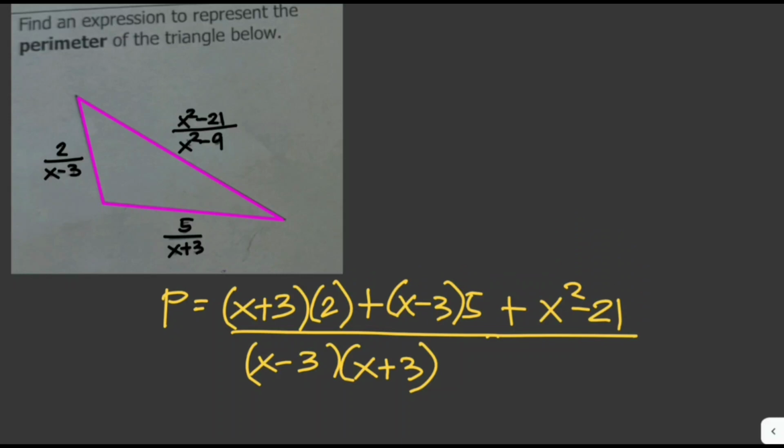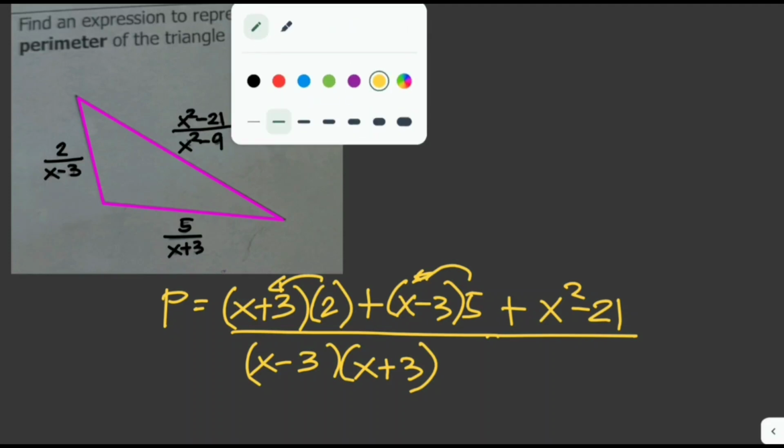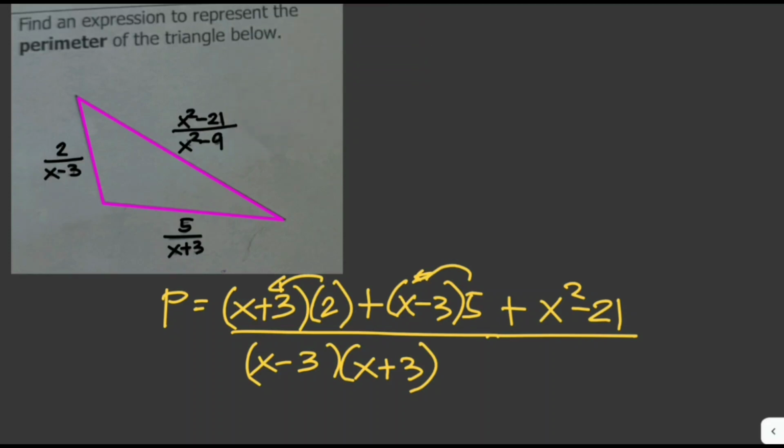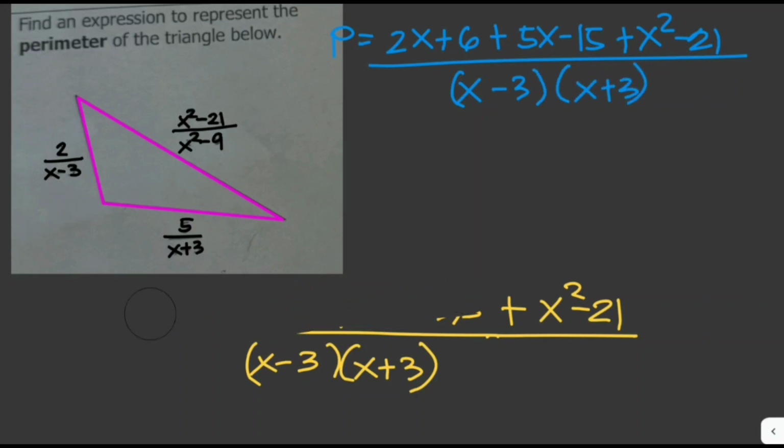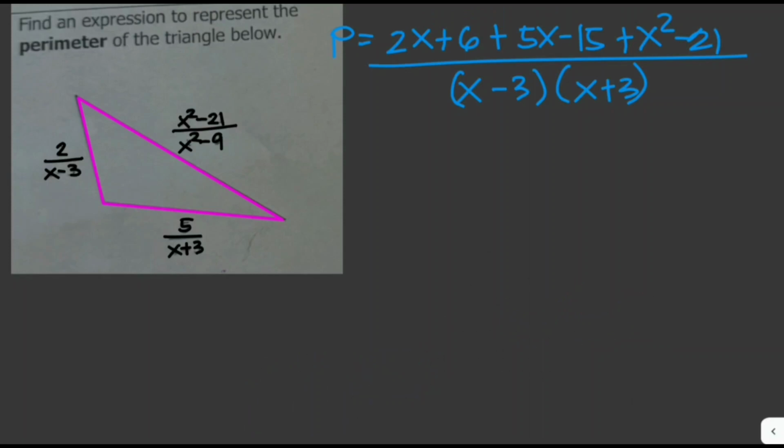Okay, we distribute 2 here and then 5. Then our perimeter would be 2x plus 6 plus 5x minus 15 plus x squared minus 21 over x minus 3 times x plus 3.